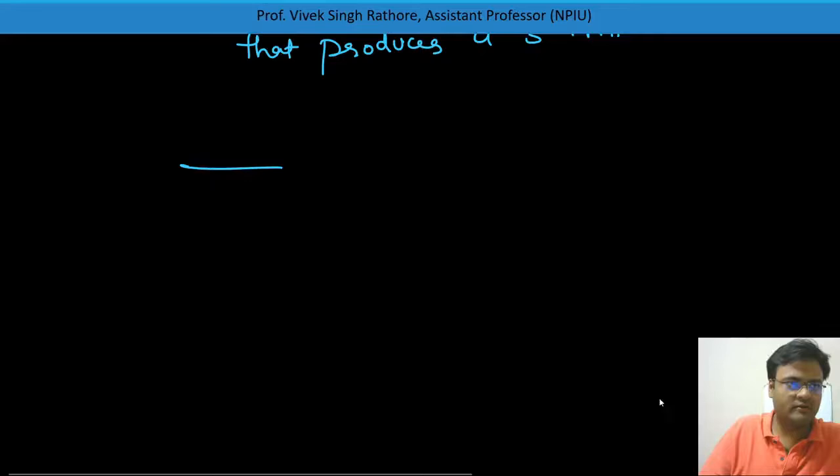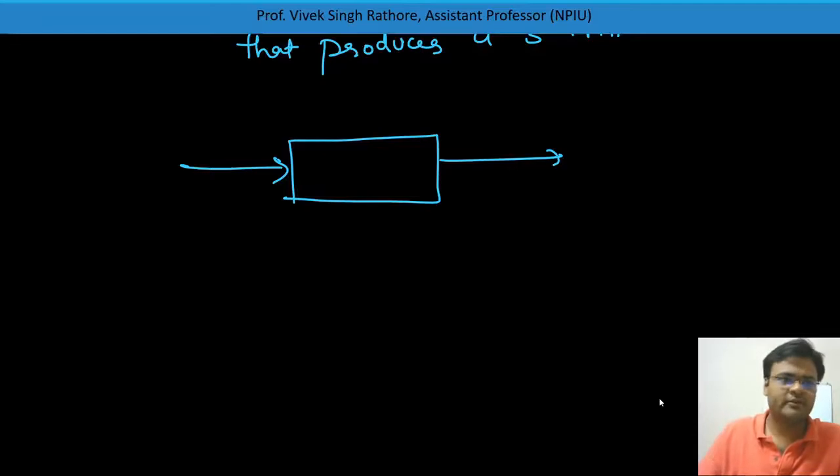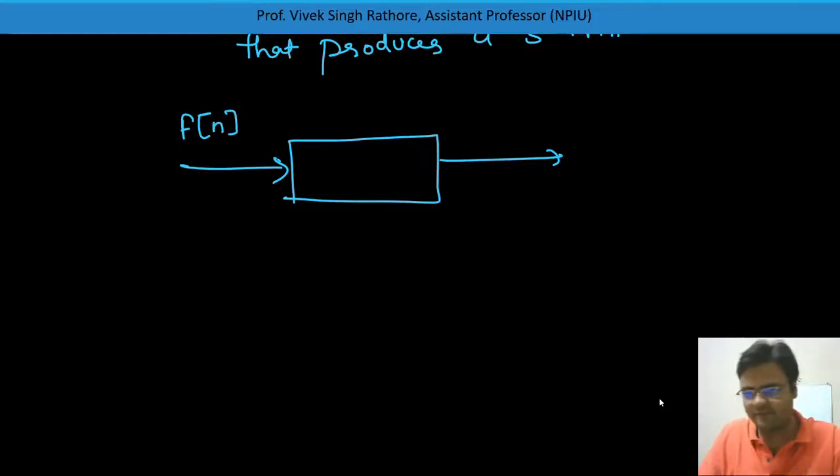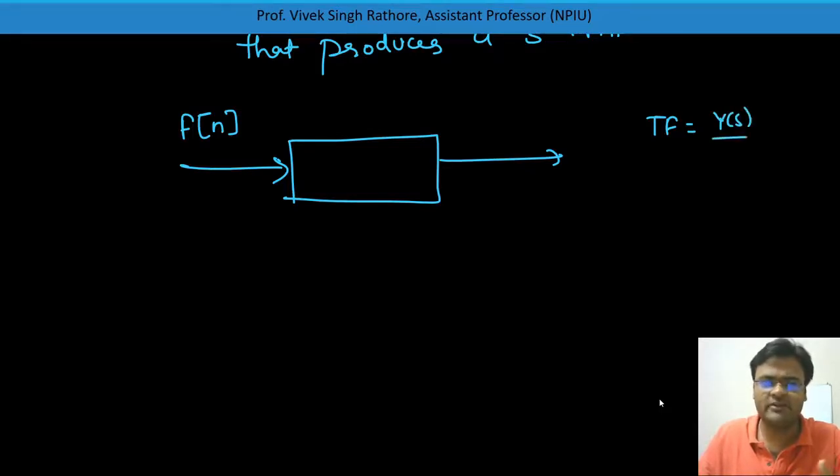See, we are giving input to a system and we are getting some output. Let's suppose we are giving input as f of n. As you know, whenever we give an impulse as input, what we get as output is the impulse response, that is actually the transfer function, because a transfer function is the ratio of output by input, basically the Laplace transform of output by input, when initial conditions are 0.